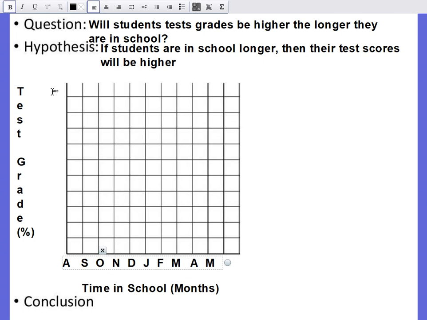And for test grades, you can look at the chart on the last page. The biggest number we had for test grades was an 82%. So I'm trying to get 82 as close to the top as I can. Remember that the number 0 is going to start at the bottom. And then I'm going to count by tens.